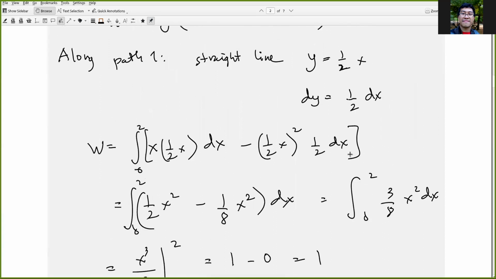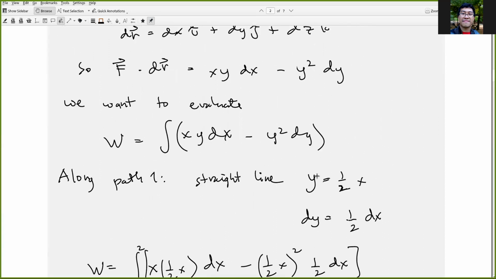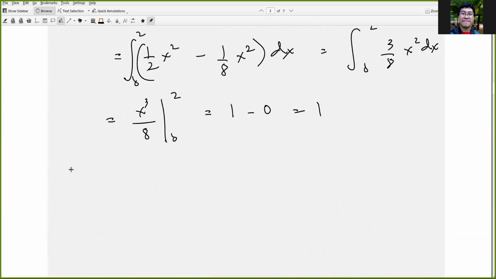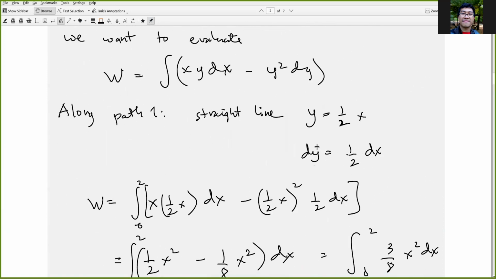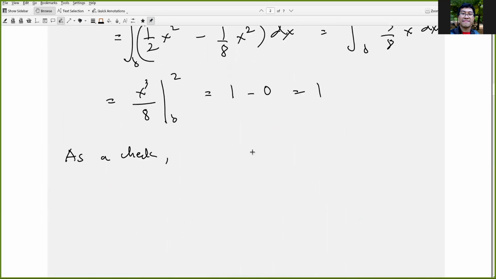So here we have substituted y with 1/2 x. How about, just as a check, we should get the same result if we substitute x for y.